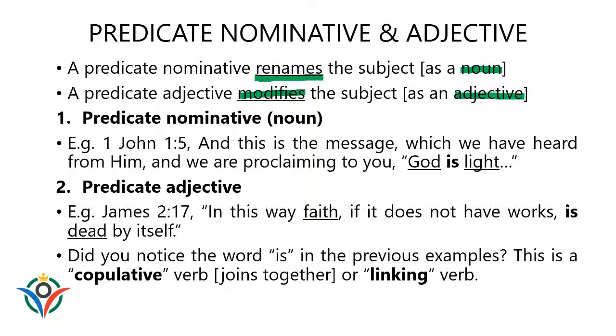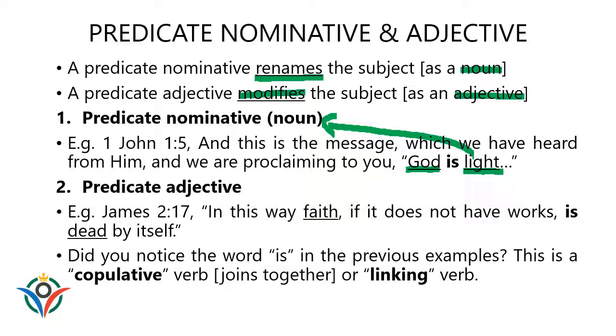The predicate nominative. 1 John 1 verse 5 says, "And this is the message which we have heard from him, and we are proclaiming to you. God is light." So here, God is the subject, and light is functioning as the predicate nominative because it is a noun which is renaming the subject God.